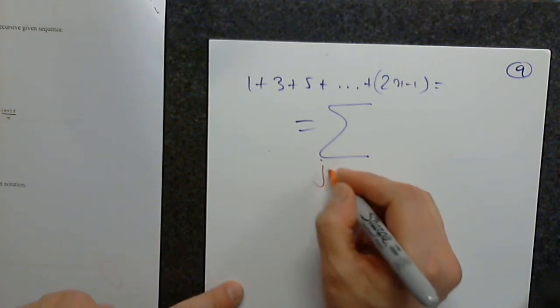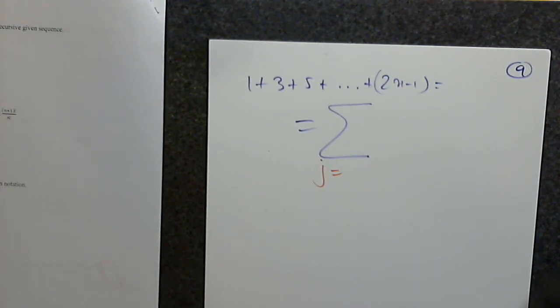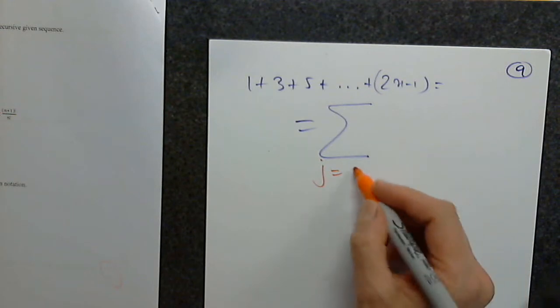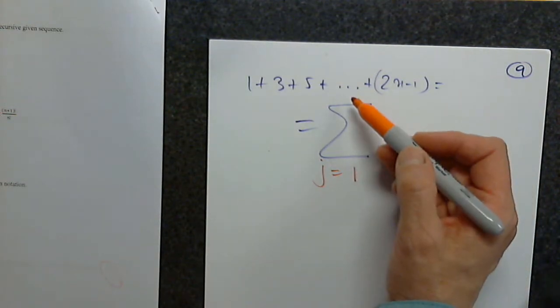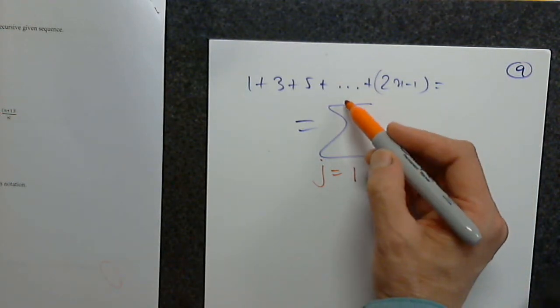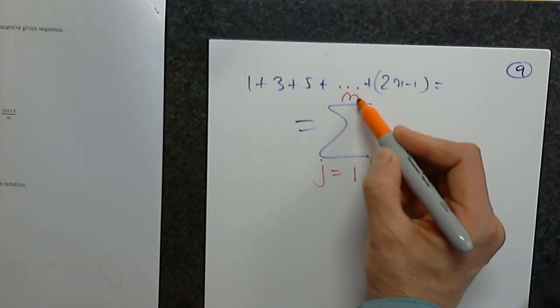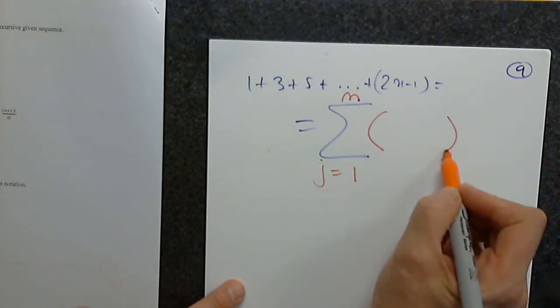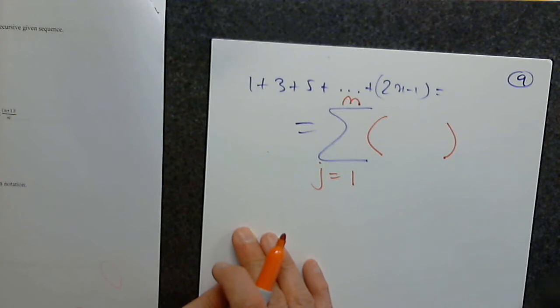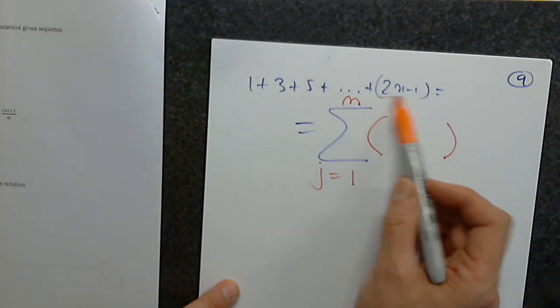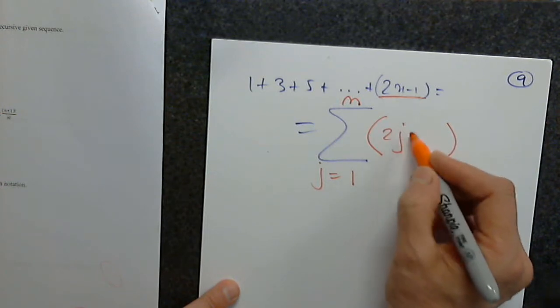Let's use j. j equals 1, okay. What is the last one? n. It would be n, right? Of what? So it's 2j minus 1.